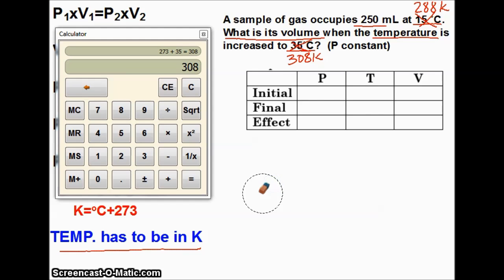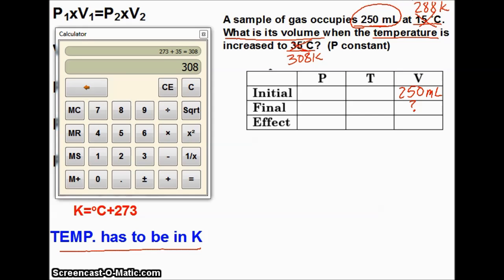All right, so let's move on to figuring out what variable is what. First, our question, it says, what is its volume when this other thing happens? So that means that it's going to be our final volume, our V2. That's what we're looking for. We have an initial volume here, 250 milliliters.